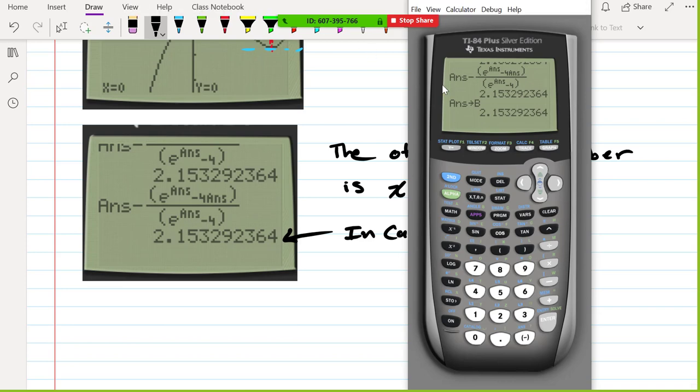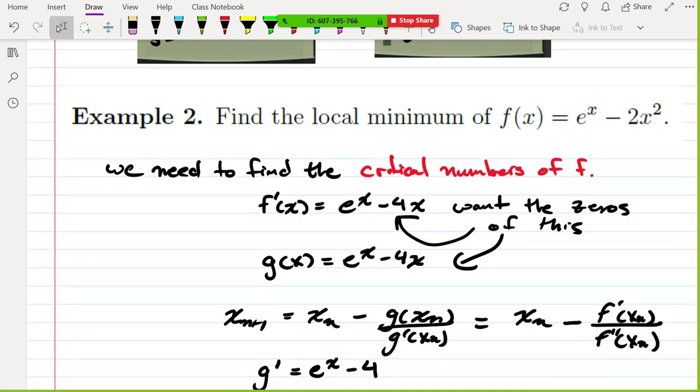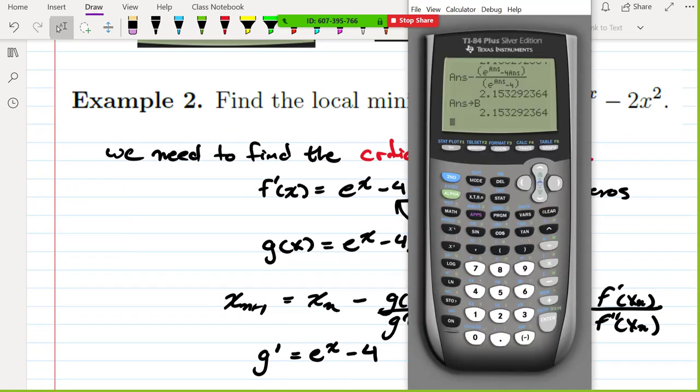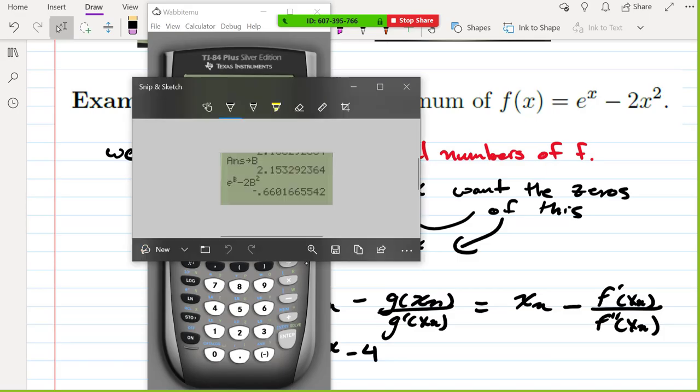So since we know that that's going to be our local minimum, we have to take that and put it back into the original function. So we get e to the b minus 2 times b squared. And that gives us our ordered pair for the local minimum of that graph.